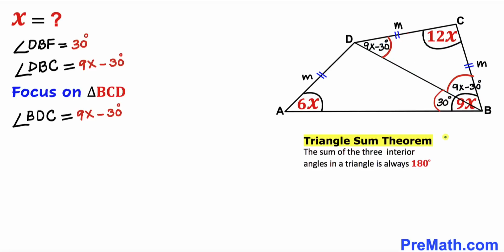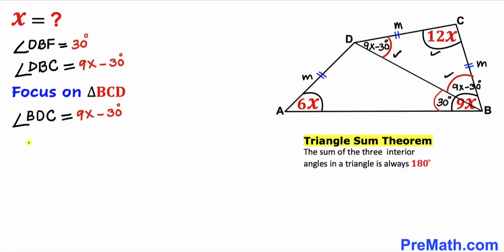Now let's recall the triangle sum theorem. The sum of the 3 interior angles in a triangle is always 180 degrees. Therefore in this triangle BCD, the sum of all these 3 interior angles must be equal to 180 degrees. So let me add up all these 3 angles.